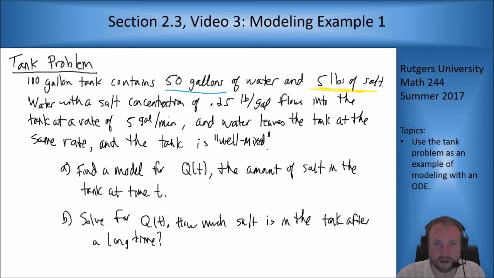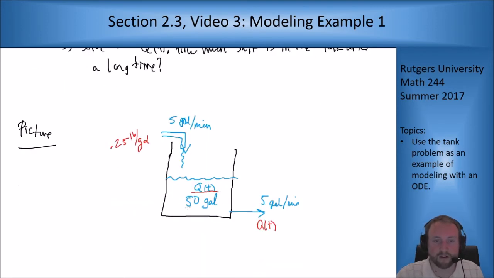Salt concentration of 0.25 flows in at 5 gallons a minute and leaves the tank at the same rate, and the tank is well mixed. So each one of these things went into part of the picture down below. We'll use this part when we actually solve the problem. Or we'll write it down right now just to be concise.